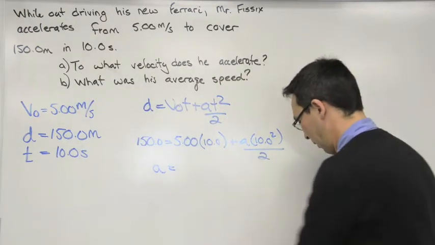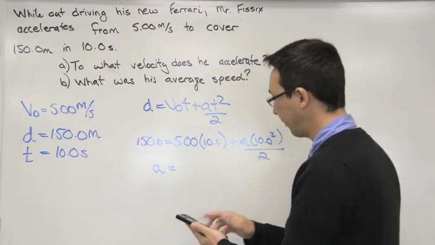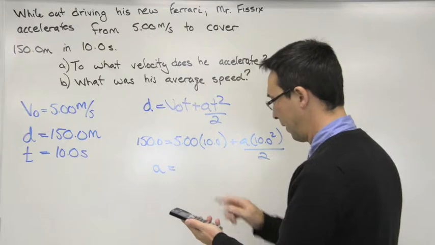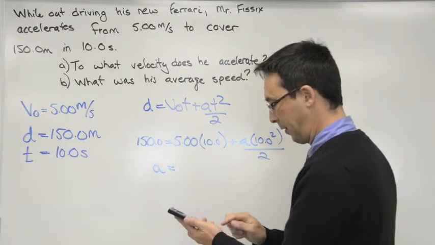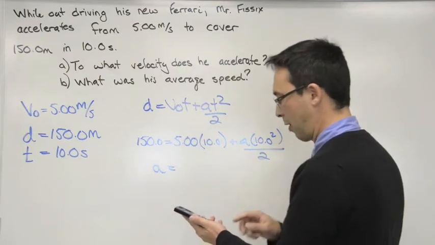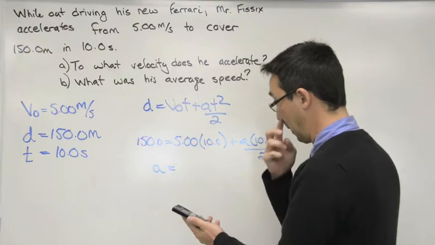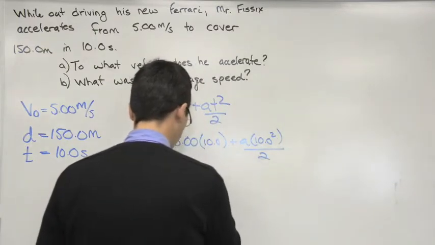Okay, I'm going to pull out a trusty calculator. 150, 5 times 10 is 50, minus 50, times that by 2, and divide by 10 squared, or 100. That's going to give me an acceleration of 2 meters per second squared.